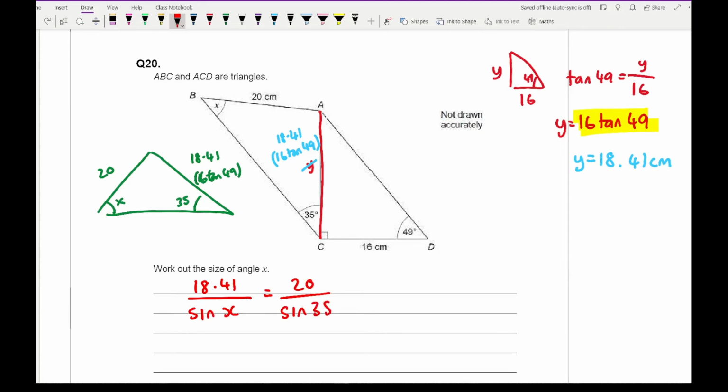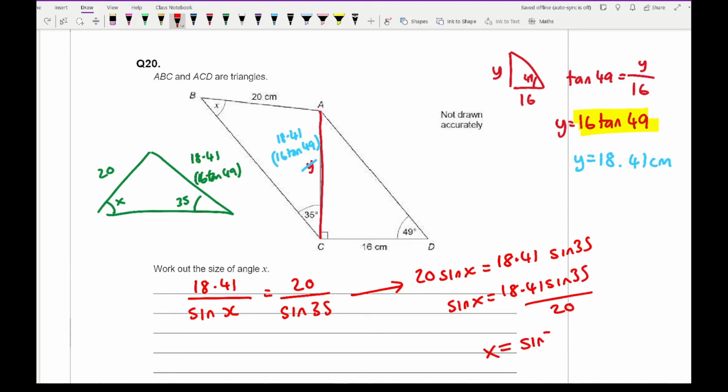Then doing a bit of cross multiplying, what we end up with is 20 sine X equals 18.41 sine 35. So sine X equals 18.41 sine 35, all divided by 20. So X equals the inverse sine of the answer. And if I type that into my calculator, I should end up with an angle of 31.9, and that's to 1 decimal place.